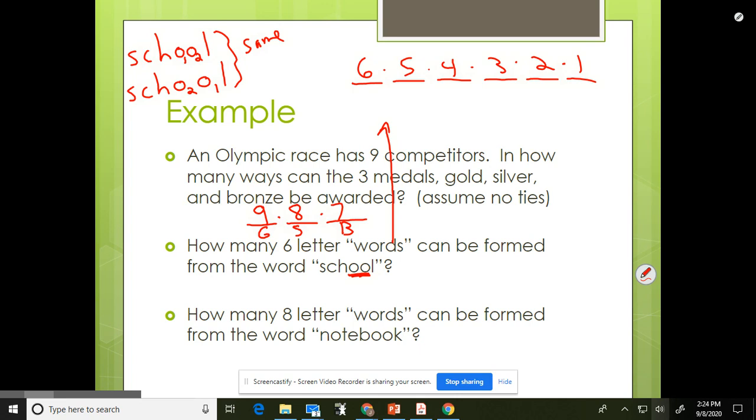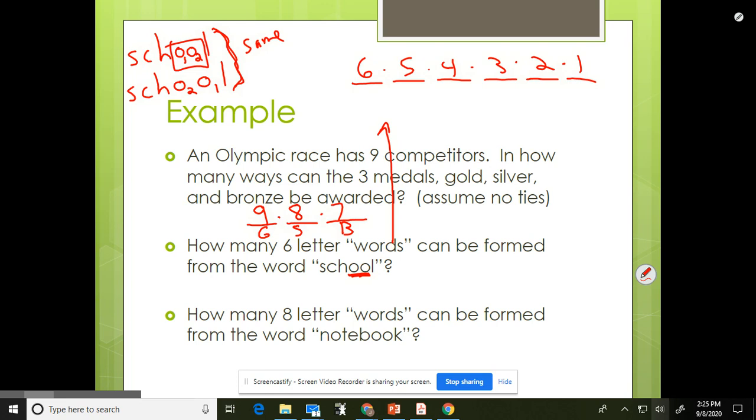So basically, with these repeats, I need to figure out how many ways I can arrange those. It's like a permutation inside a permutation. What I'm doing is arranging these, and I need to divide by how many ways I can arrange the repeats. That's going to take care of my repeat words, since these are the same thing.